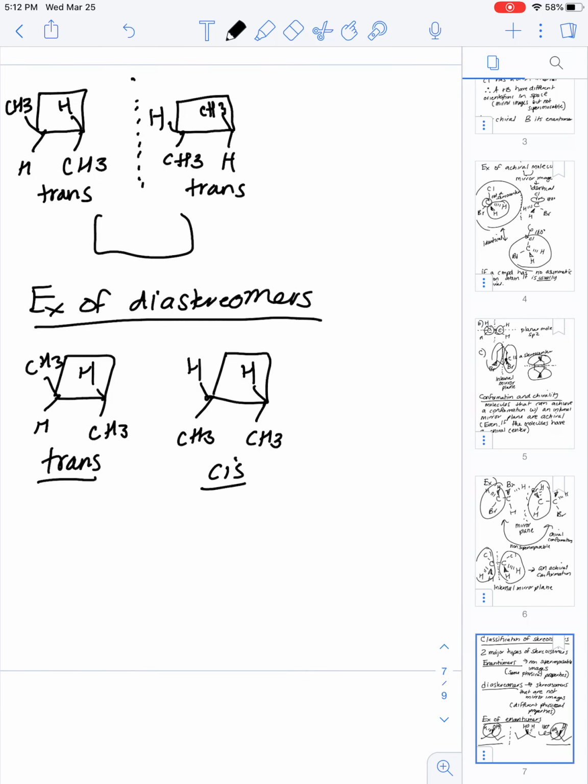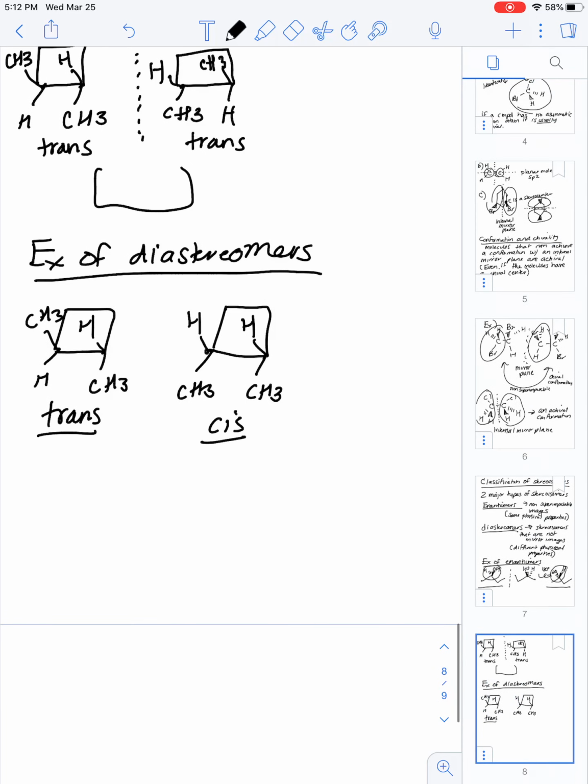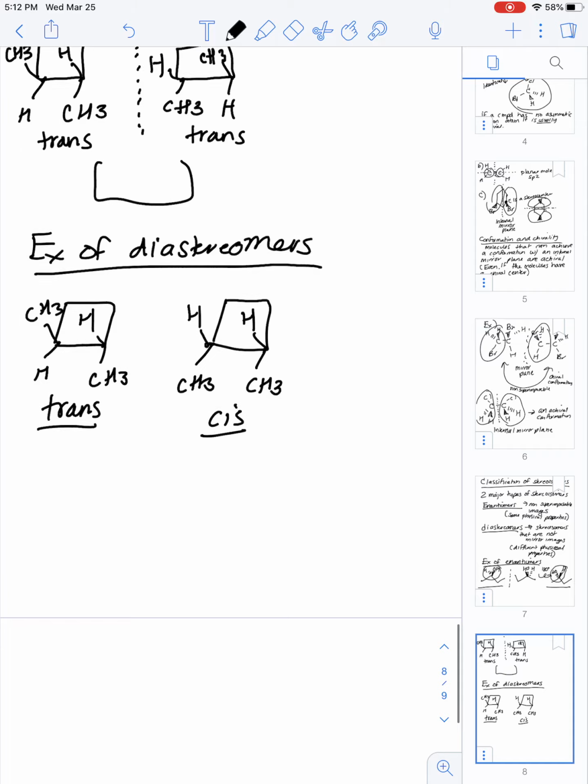Here we have a cis cyclobutane ring. They have the same connectivity, but they have a different 3D orientation. These are not mirror images, so we would consider these diastereomers. Again, remember, diastereomers are going to have different types of physical properties.